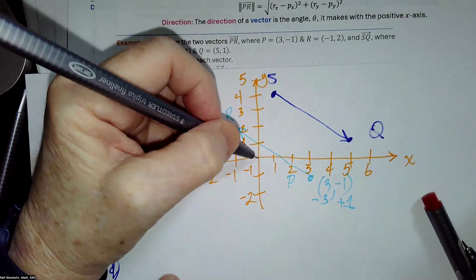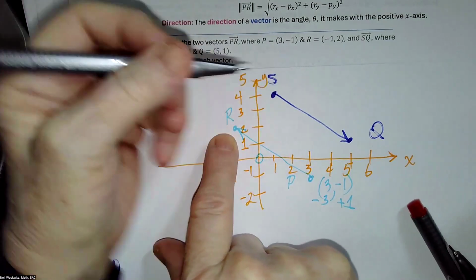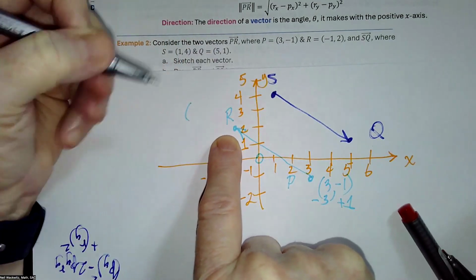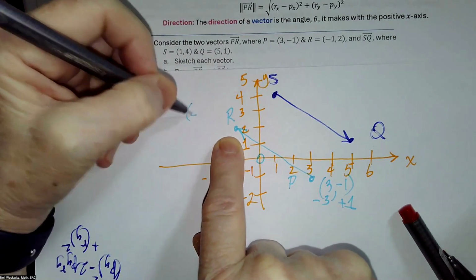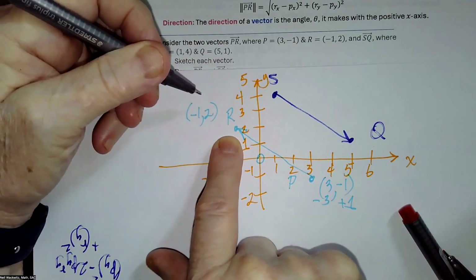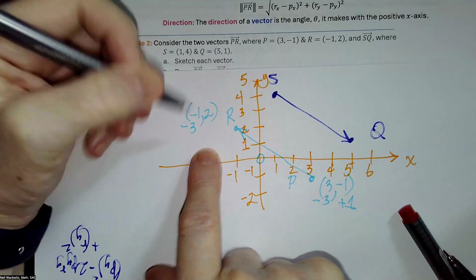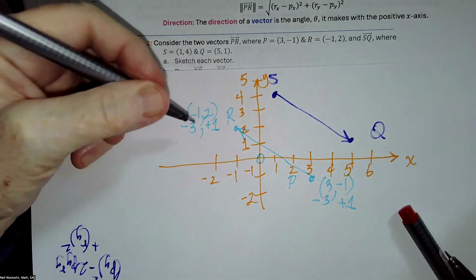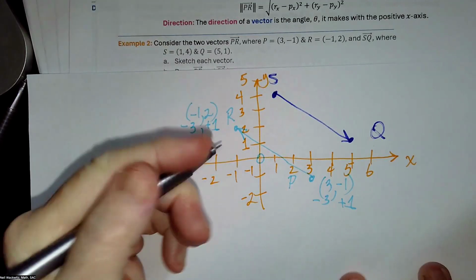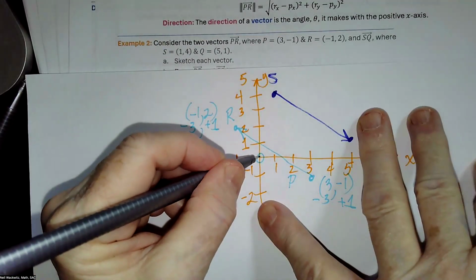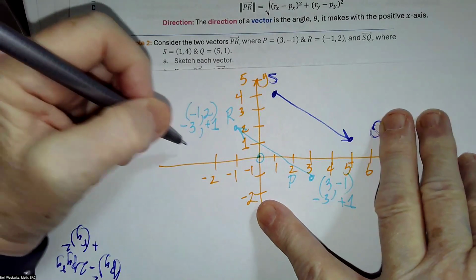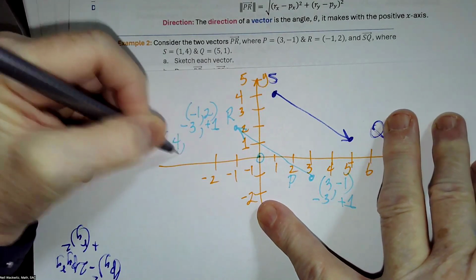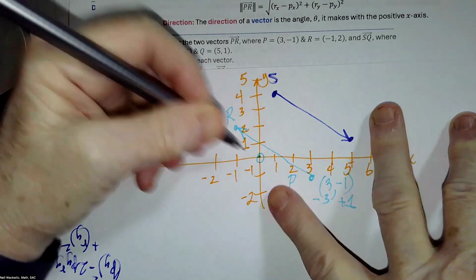So up 1 to the left 3. And I'm going to do the same thing with R. R was -1, 2. I want to go left 3 and up 1 so that the new PR, let's see, is -4, 3.